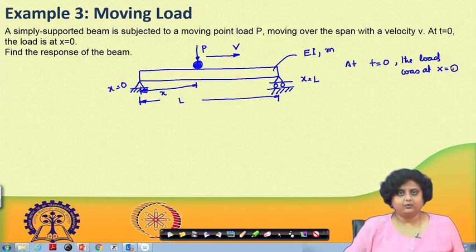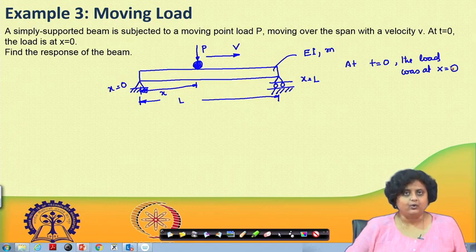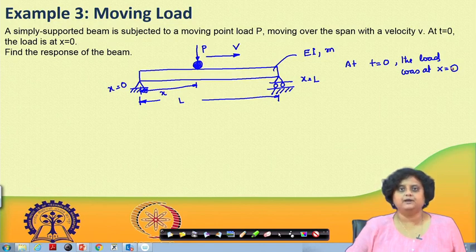We have a simply supported beam of length L and flexural rigidity EI and uniform mass distribution M. The beam has a uniform cross section. Now, there is a moving load which is mimicking a car or a vehicle or traffic that is moving on the bridge. At t equals 0, this point load P was at x equal to 0, and then onward it started moving along the length of the beam with a uniform velocity or speed v.